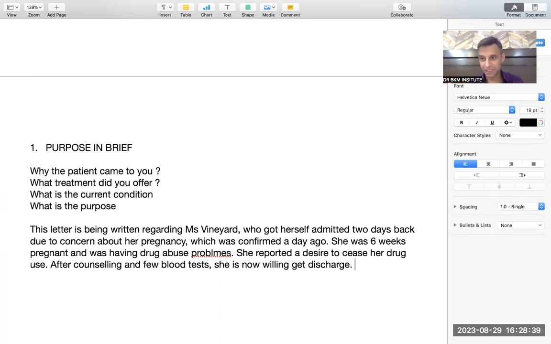I have written everything like a summary, that she was having pregnancy, which was confirmed a day ago, 6 weeks pregnant. She reported a desire to quit this thing. After counseling and a few blood tests, she is now willing to get the discharge. She's ready for the discharge now. Now the main thing, however, what does she need?